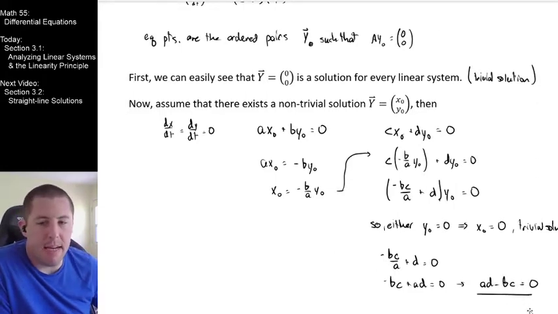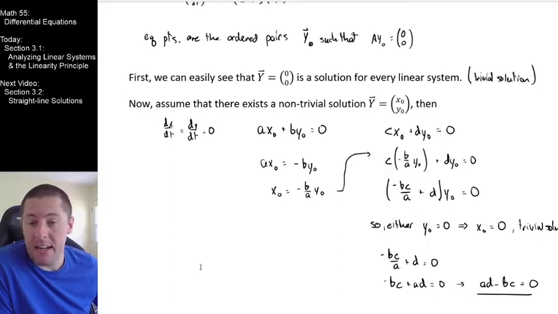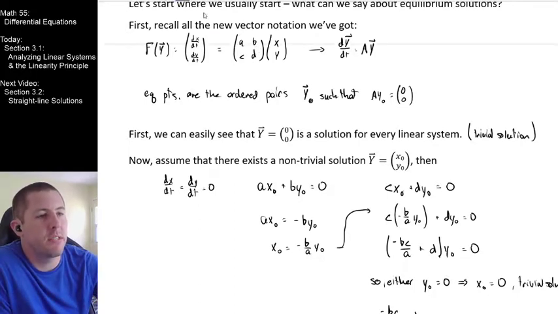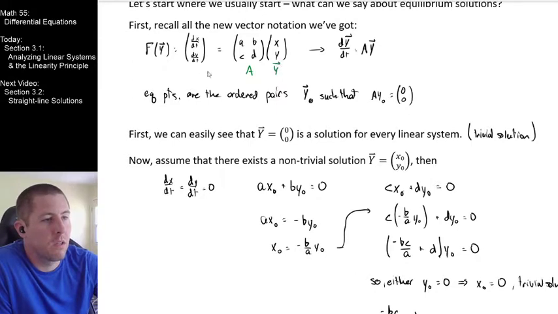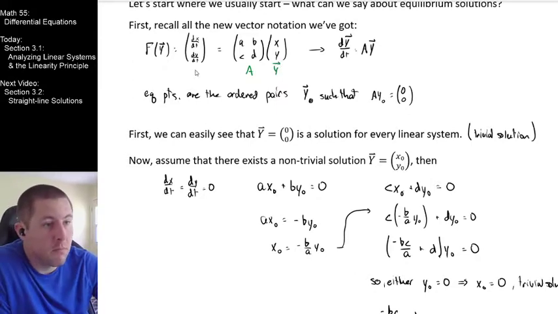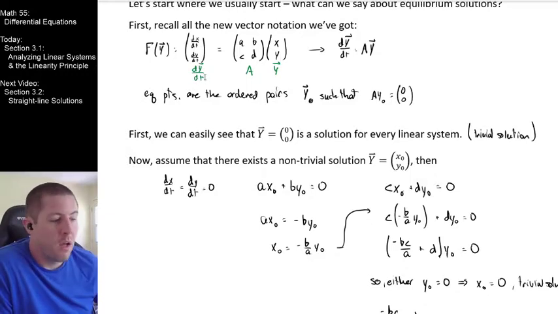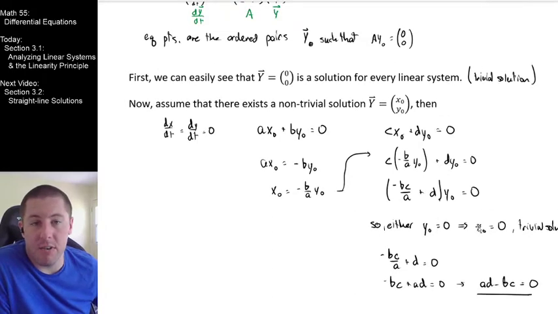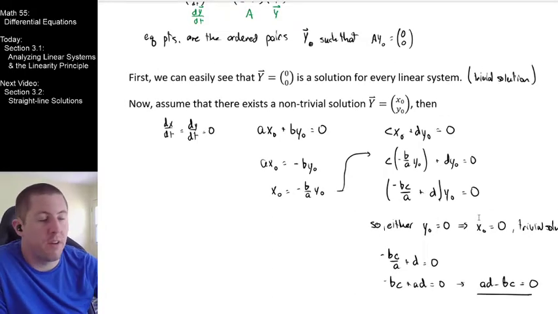Now, AD minus BC should be something that we recognize from any amount of linear algebra that we've ever taken. That is the determinant of the A matrix here, right? We've defined the A matrix right here to be this ABCD matrix. All right. Well, we just found that if the determinant of that matrix is 0, then there is going to be a non-trivial solution.